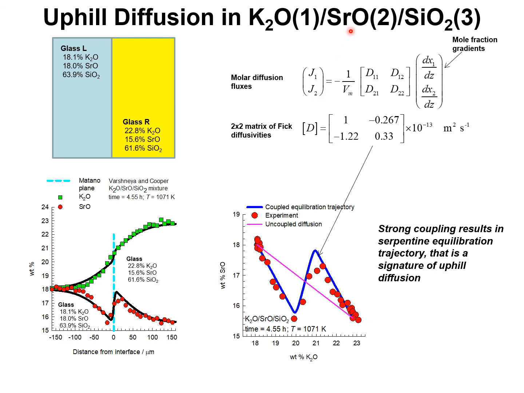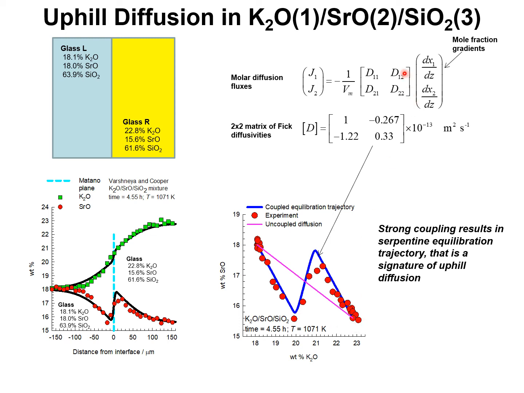Therefore, component 2, which is strontium oxide, is strongly coupled to the composition gradient of component 1, which is potassium oxide, and this coupling causes uphill diffusion.